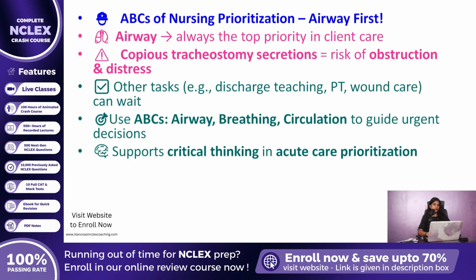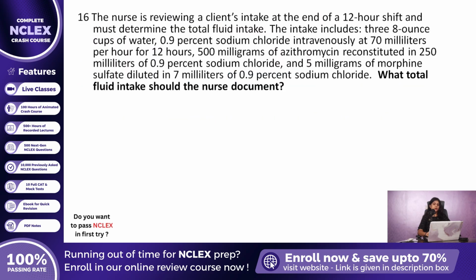Let us now turn to question 16, which challenges your fluid calculation skills based on intake and output documentation. The nurse is reviewing a client's intake at the end of a 12-hour shift and must determine the total fluid intake. The intake includes 3 8-ounce cups of water, 0.9% sodium chloride intravenously at 70 milliliters per hour for 12 hours, 500 milligrams of azithromycin reconstituted in 250 milliliters of 0.9% sodium chloride, and 5 milligrams of morphine sulfate diluted in 7 milliliters of 0.9% sodium chloride.